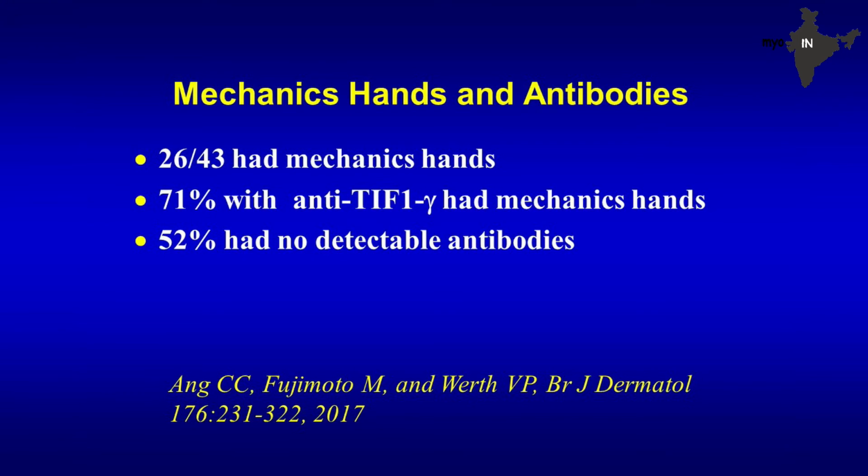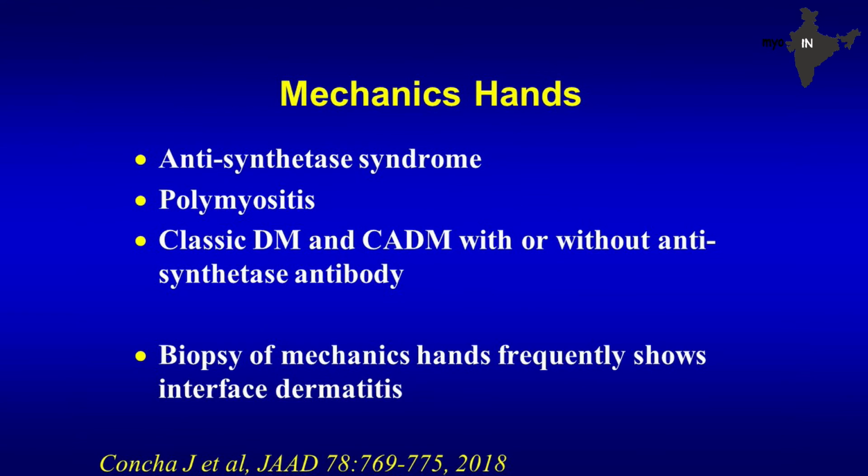Mechanic's hands can be seen in association with many other autoantibodies, including, as you can see here, anti-TIF1 gamma, and it's not a specific finding for anti-synthetase antibodies. Mechanic's hands are seen in really every variant, including anti-synthetase syndrome, polymyositis, classic dermato, and clinically amyopathic dermato. Even biopsies of mechanic's hands frequently show interface dermatitis.